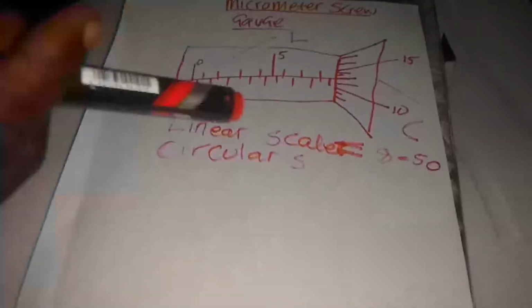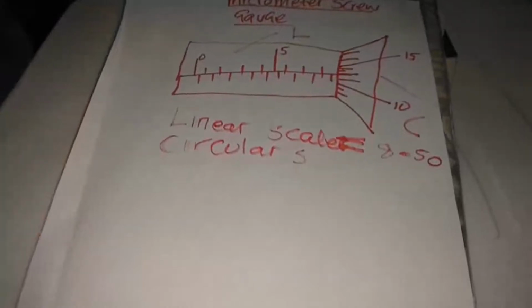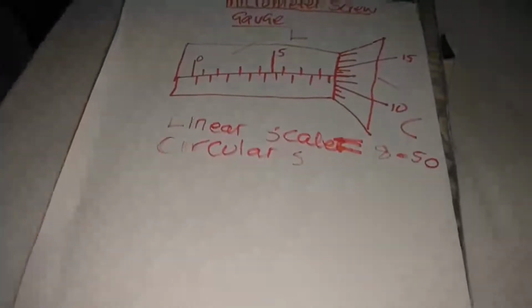Now, what is the reading on the circular scale? Here is the circular scale. 10 is going up.